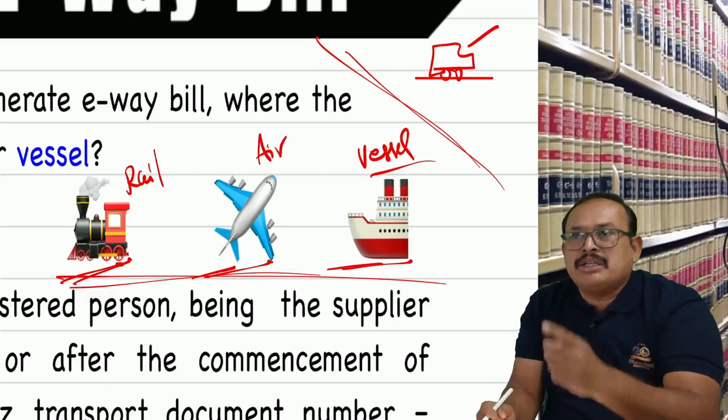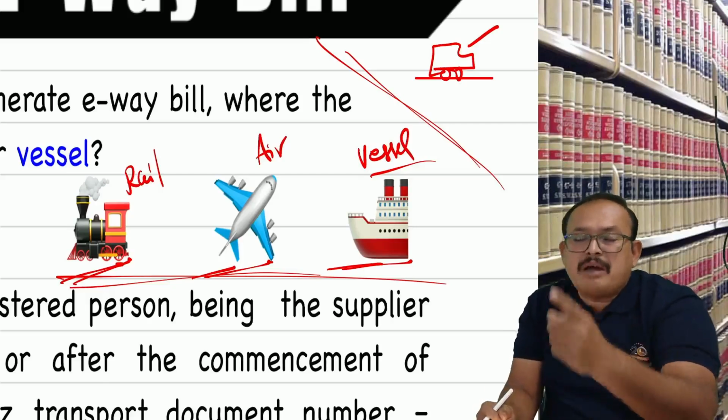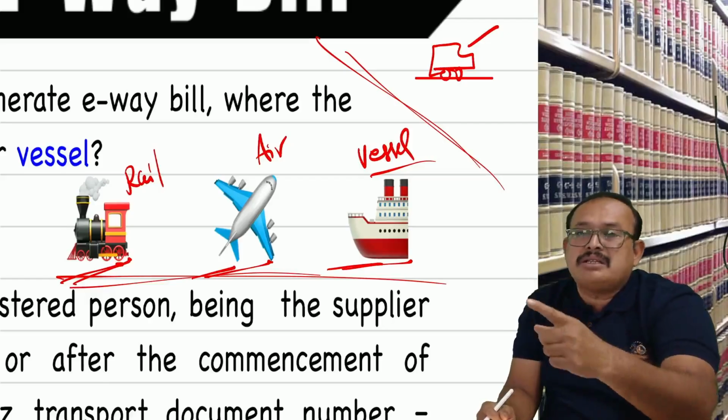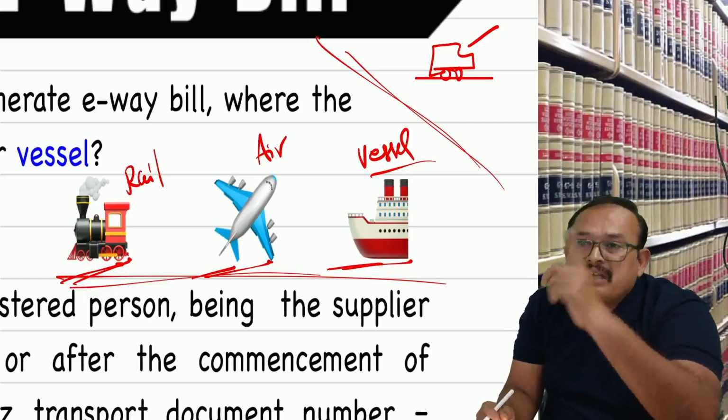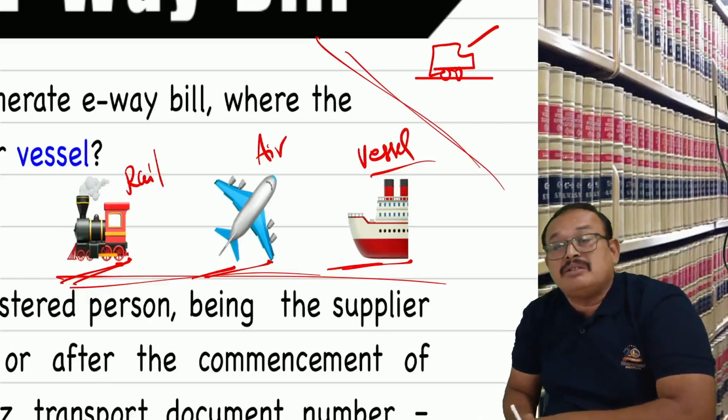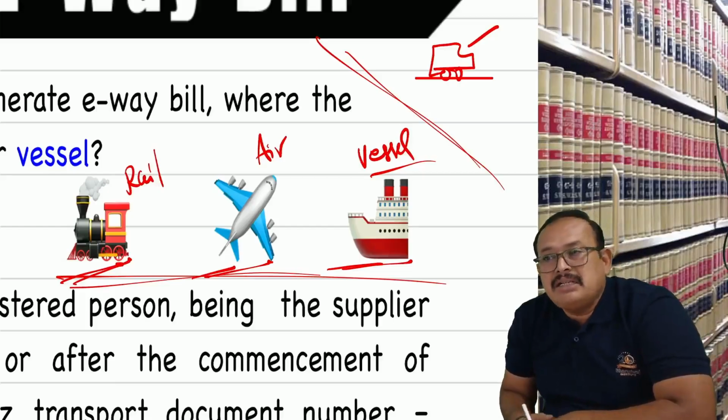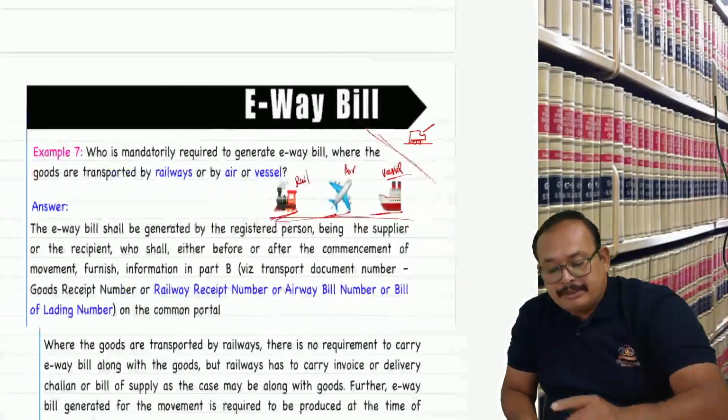Here, transporter, you are responsible for non-submission of e-way bill during transit. We are going to seize your vehicle under section 129. Detention and seizure take place. Get my points? Now, please come back.